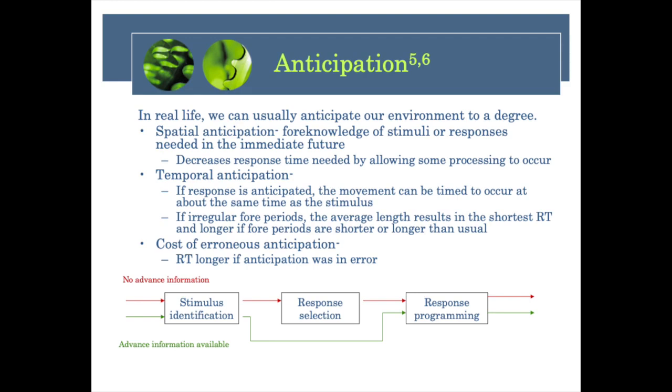We may have to see the actual stimulus to select the response, but we can also limit the number of responses that we might need, which again helps our reaction time. All right, so anticipation is very important for our patients in real life. We do this all the time, throughout the day, repeatedly.